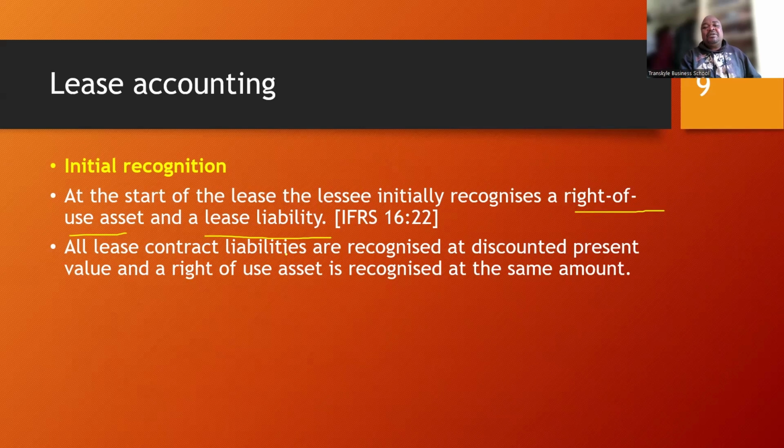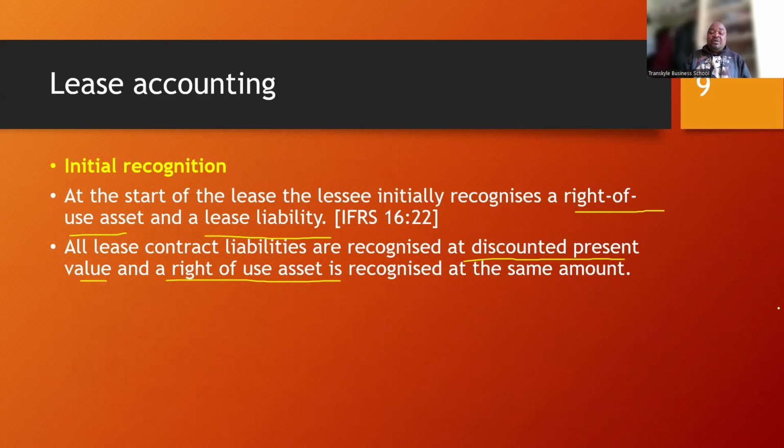The lease liability is recognized at a discounted present value, and a right of use asset is recognized at the same amount. So they need to be at the same amount at initial recognition, exactly.